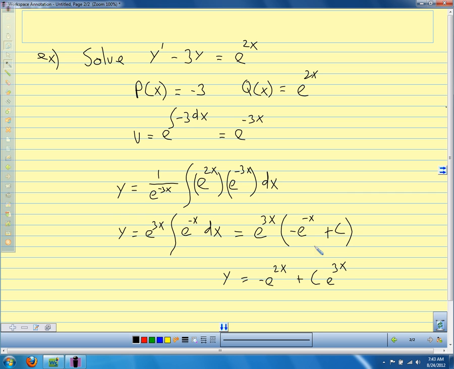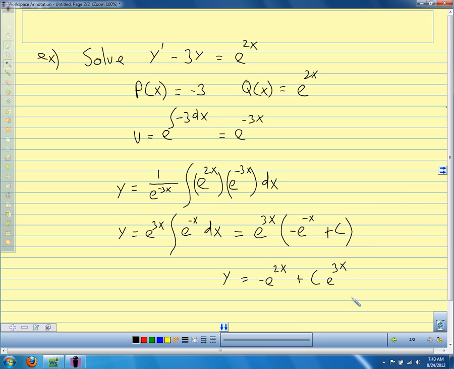If we know that y equals such and such at x equals 0, that will determine our constant c. But this gives us our general solution for the differential equation. Everybody follow the process? The algorithm is pretty straightforward.